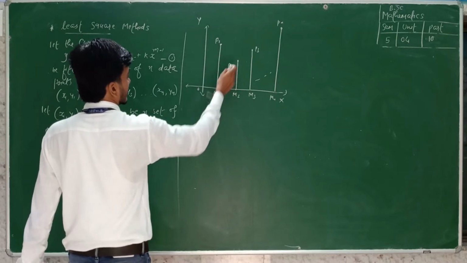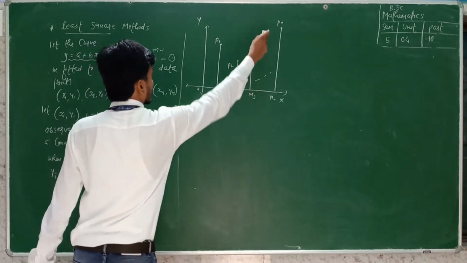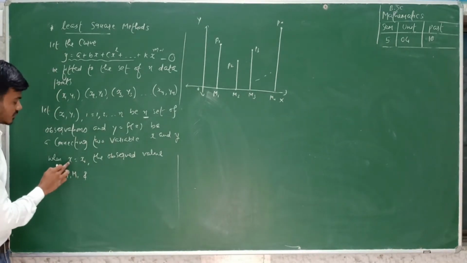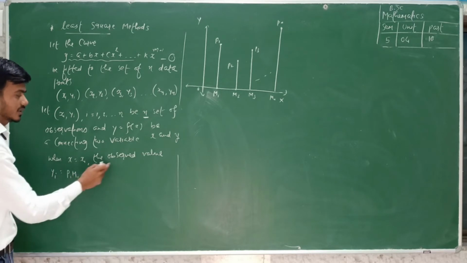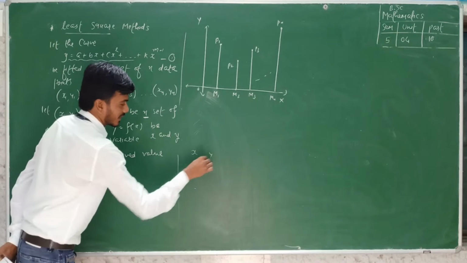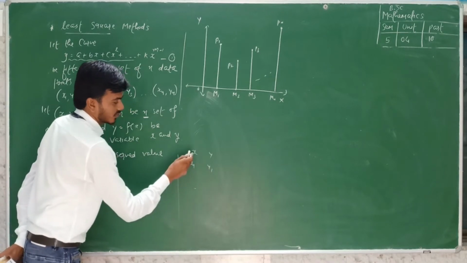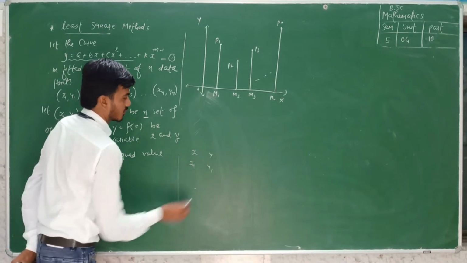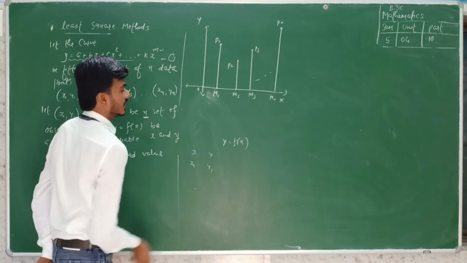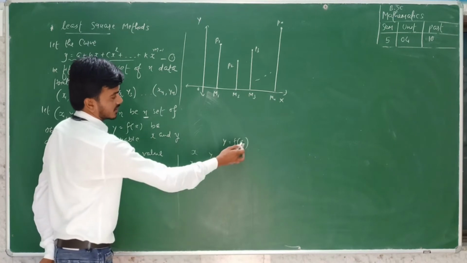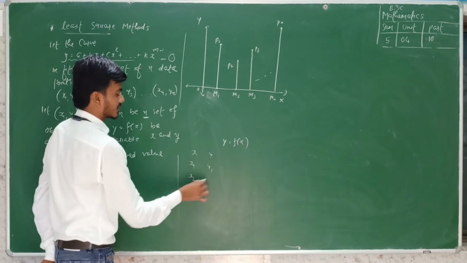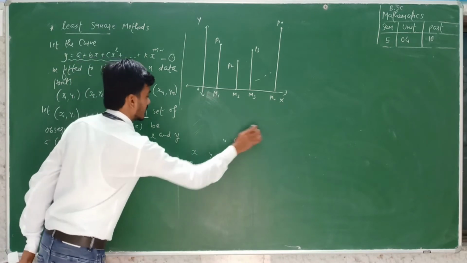So P1 M1, P2 M2, P3 M3, Pn Mn. When x is equal to x1, the observed value is y1. Put x is equal to x1, so y is equal to y1. Put in the equation of the curve y is equal to f of x: x is equal to x1, so y is equal to f of x1, that means y1. x2, y2 is equal to f of x2.